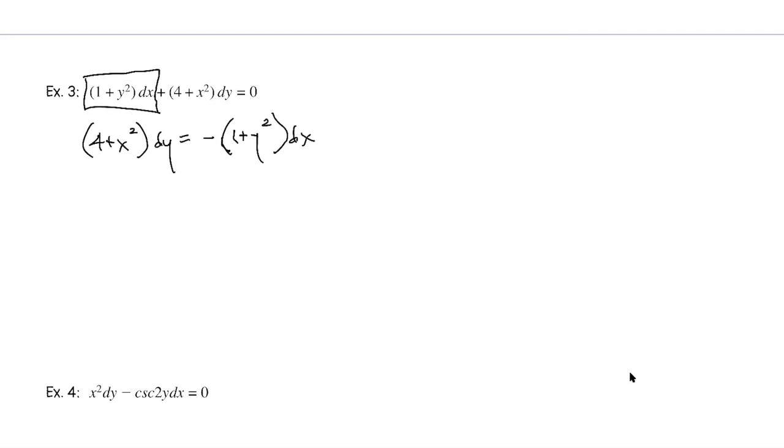Now, what do we want to divide by? Divide by 1 plus y squared and 4 plus x squared on each side.